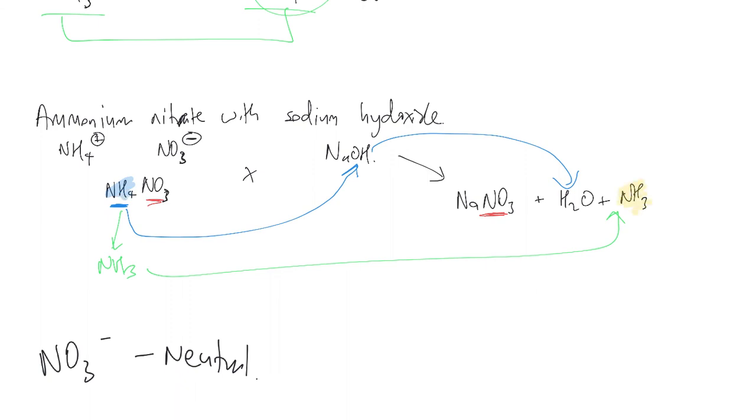Now, depending on the states that were present here, whatever state that was and whatever state that was, it will determine the state here. So if you're doing this reaction in solution, the ammonia will go into solution. If you're reacting it in anything other than solution, the ammonia produced is going to be formed as a gas.